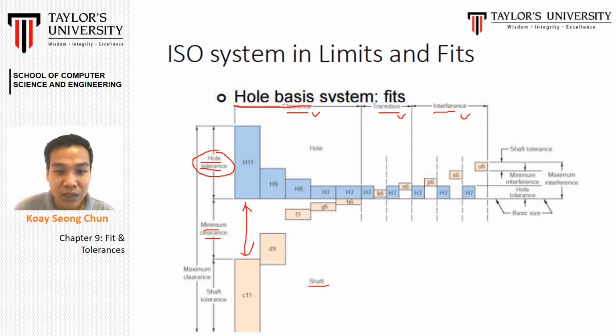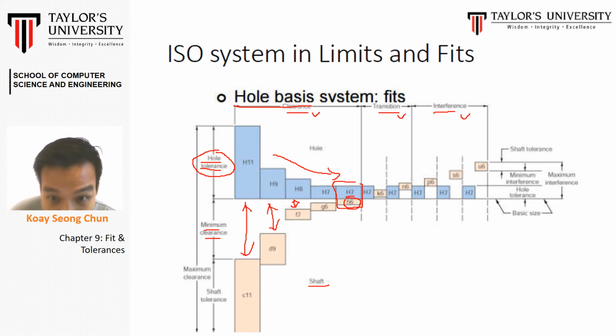You can see from here, if you set a different tolerance, the gap between the hole and shaft becomes smaller and smaller. If you don't want any gap between them, maybe you can set a tolerance of H7 for the hole and pair with a shaft tolerance of H6, H5 or 6.